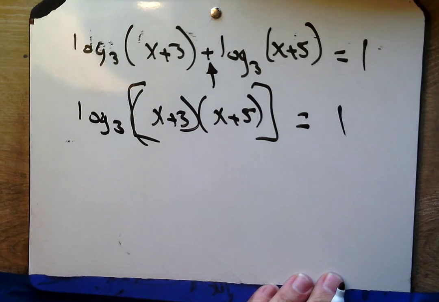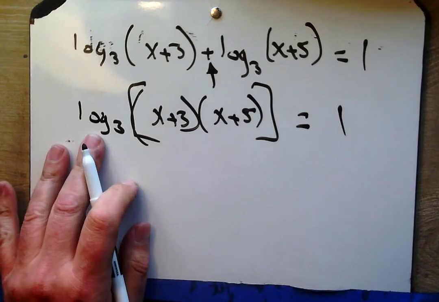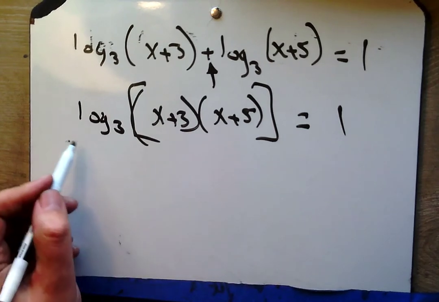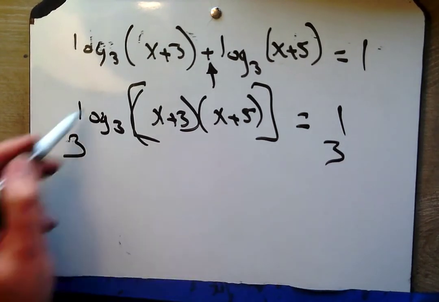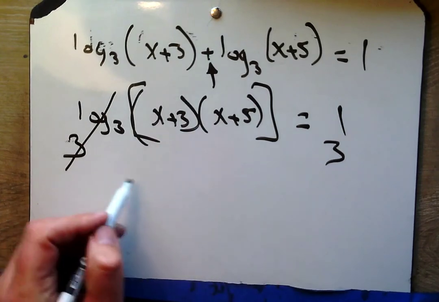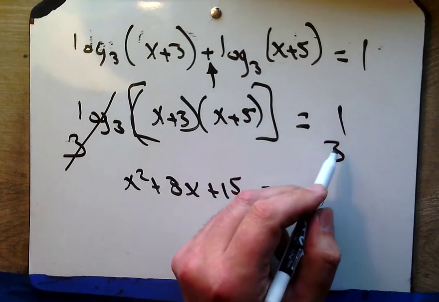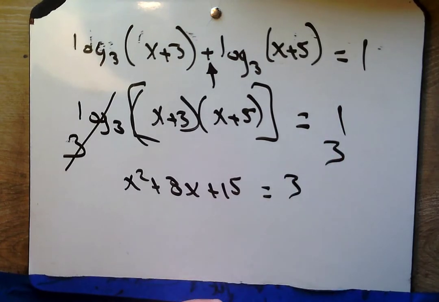Now what? Well, I got to get rid of that log. What gets rid of a log? An exponential. I better exponentiate. These cancel. Over here, I'm left with x squared plus 8x plus 15. And over here, 3 to the 1 is 3.